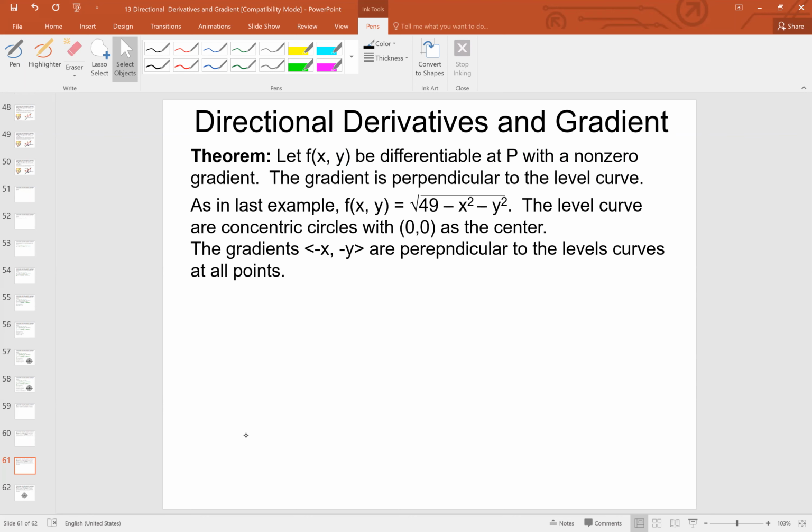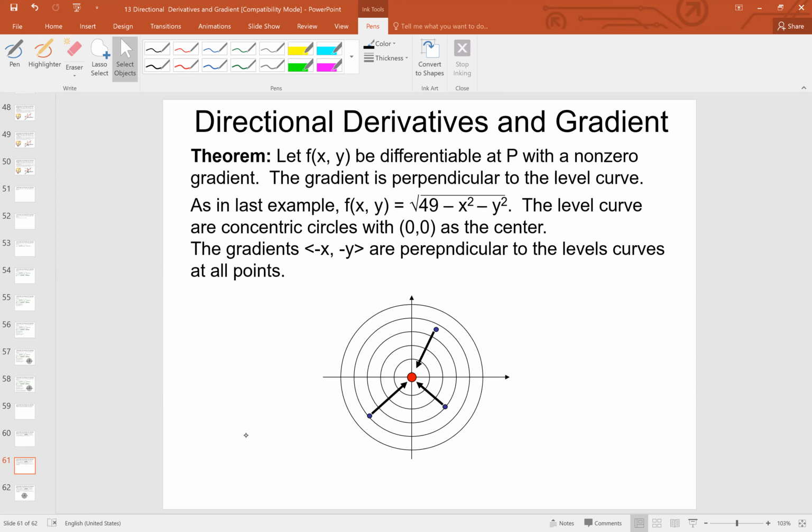But that slope is supposed to be the dot product between the gradient and the direction of the path of the level curve. So the dot product being 0 means they are perpendicular. So the gradient is always perpendicular to the level curve. And that's interesting. Yeah, that's the importance of the gradient.